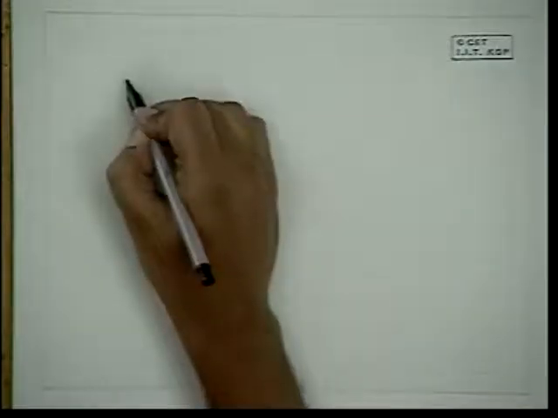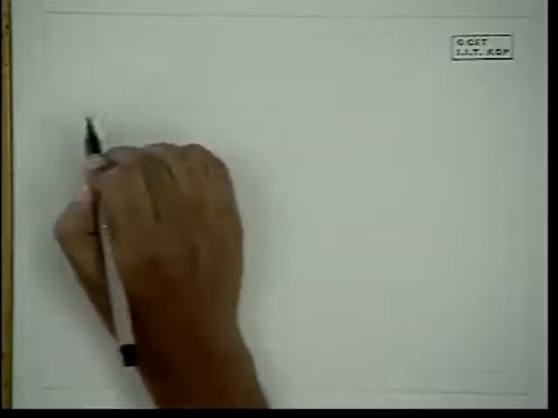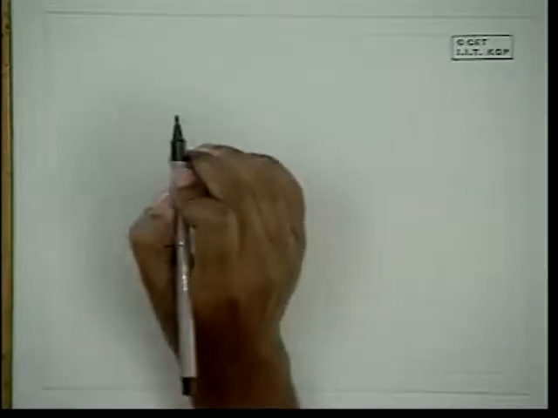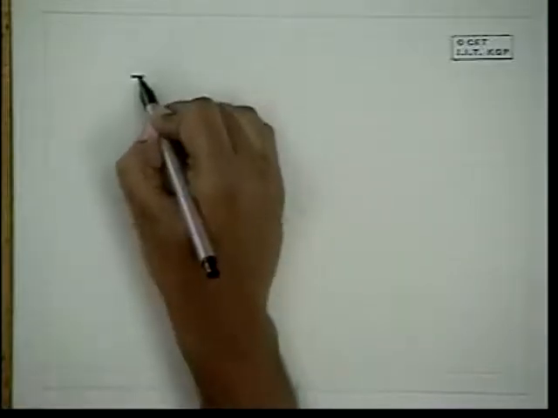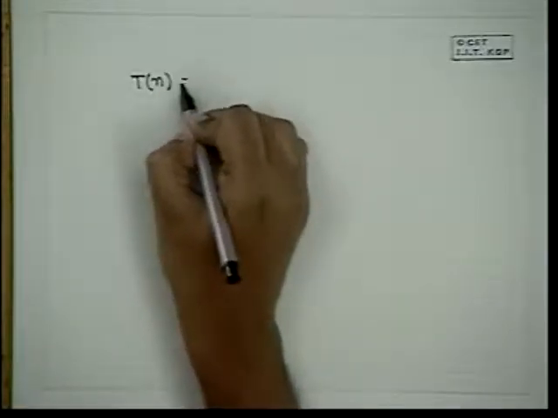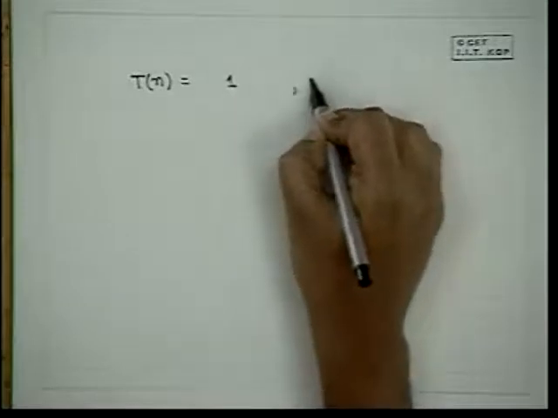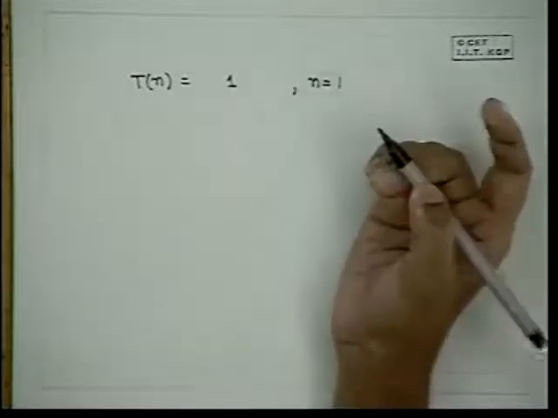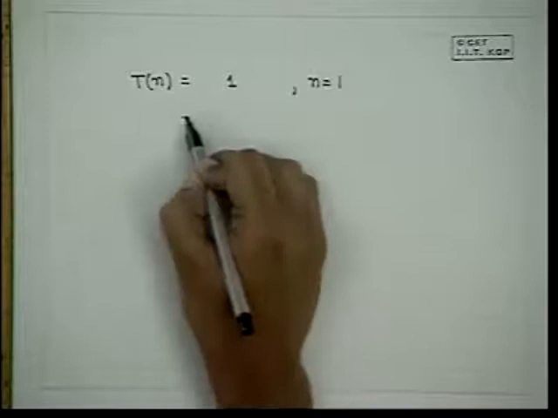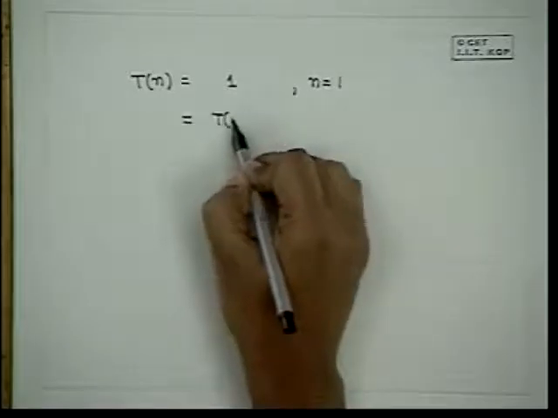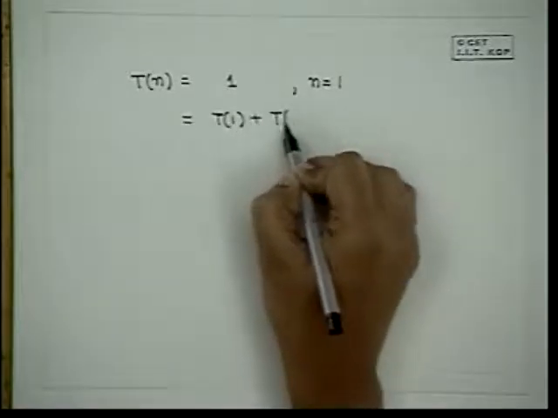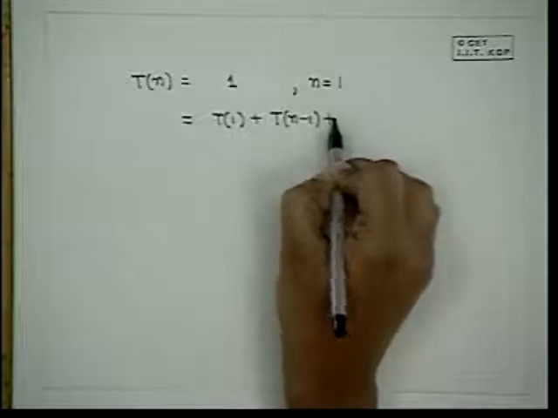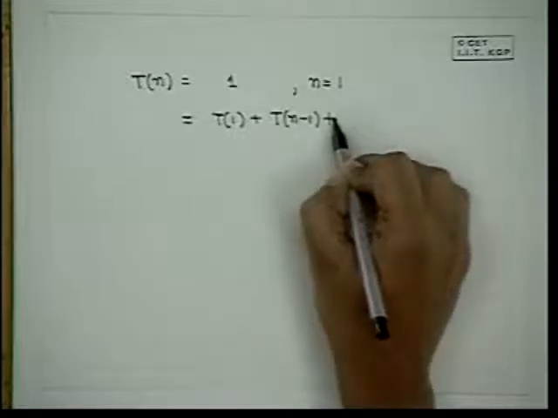So suppose we split up into 1 and n minus 1. Then what will be our equation? T(n) is equal to a constant for n equal to 1. That is known. When there is one element, it is constant time. Otherwise, it is T(1) plus T(n minus 1) plus merge time, which is order n.